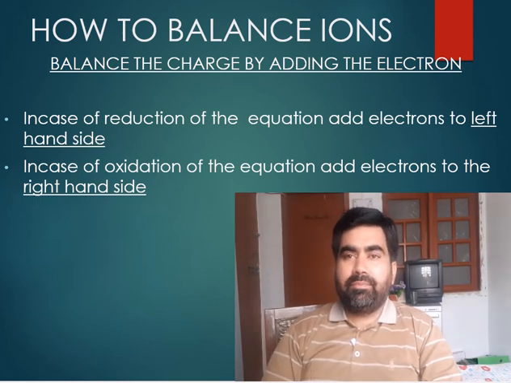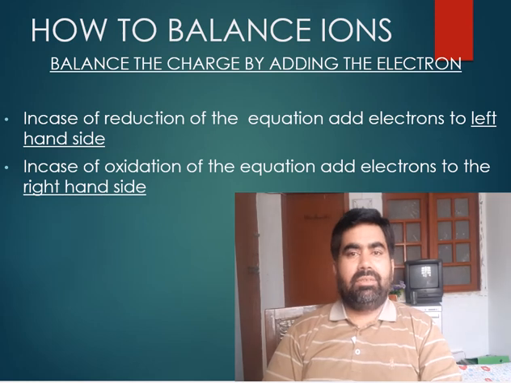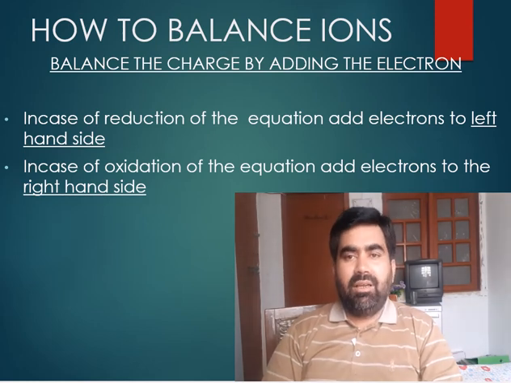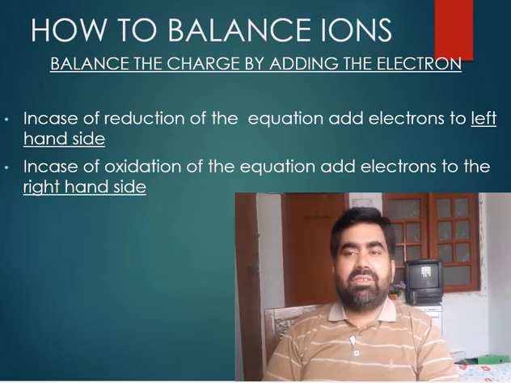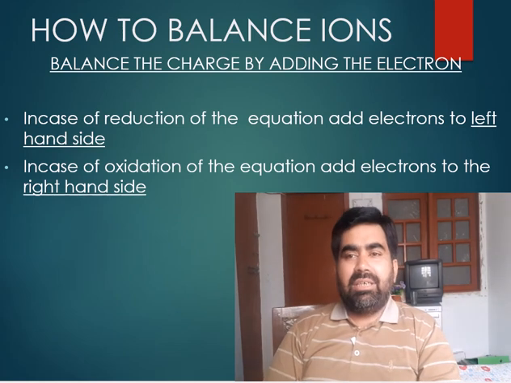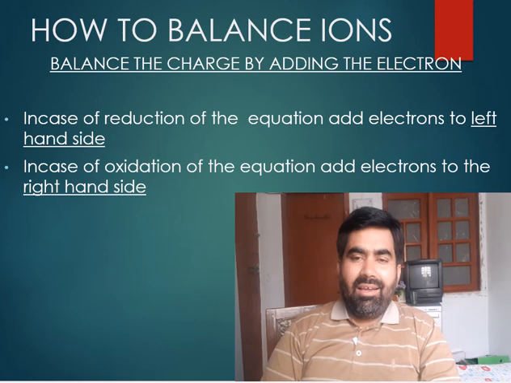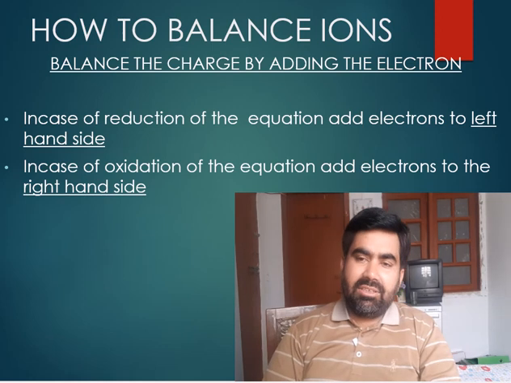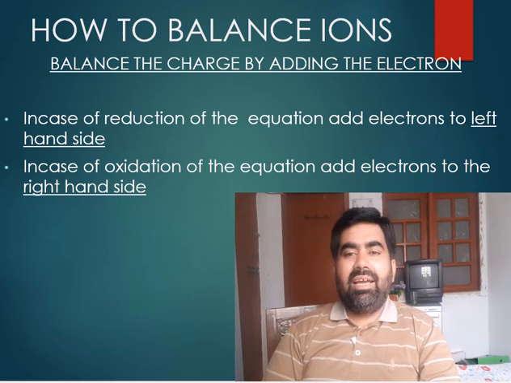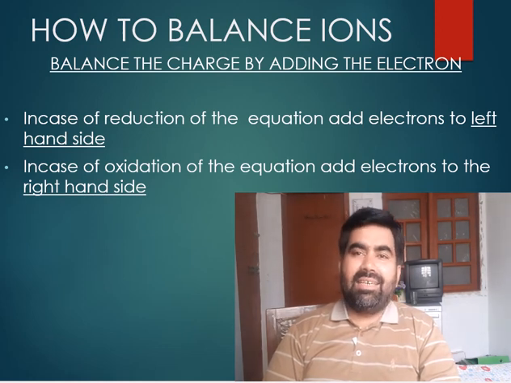Here is a point to note for the student: in case of the reduction half of the equation, you have to add the electron to the left hand side of the equation, and in case of the oxidation half of the equation, add the electron on the right hand side of the equation.